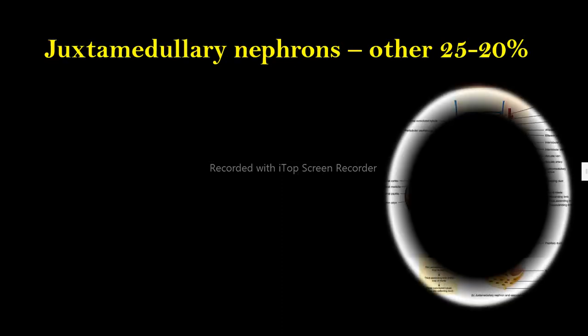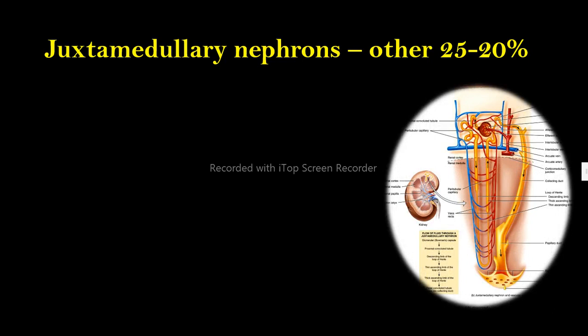Now for juxtamedullary nephrons, they span deeply into the medulla, and so they absorb much more water than can be absorbed by the cortical nephrons. This is an adaptation to survive in arid regions, where water is a stress, a challenge.